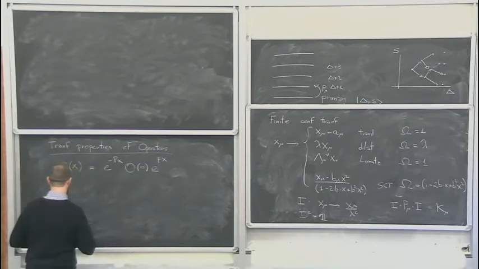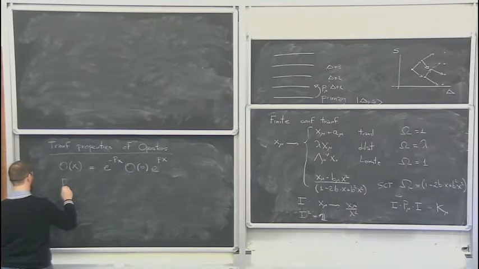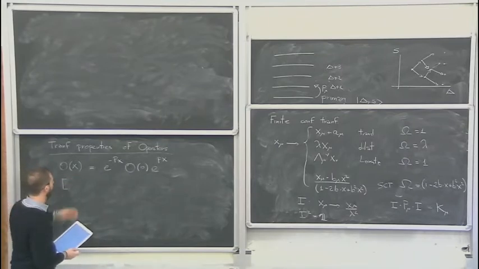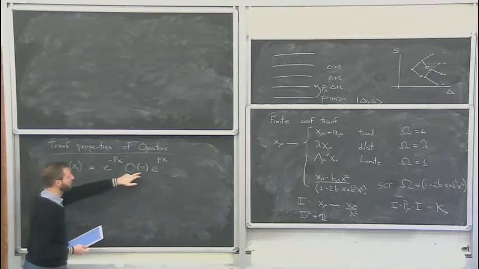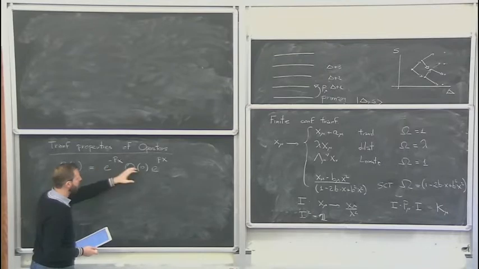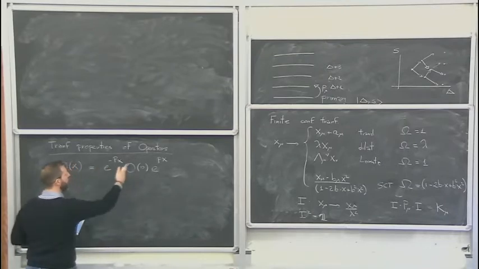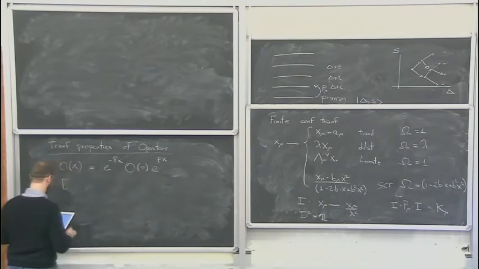And therefore, the transformation property, meaning the commutation relation of an operator inserted at finite values of x, can always be derived from the transformation property of the operator with 0 argument.